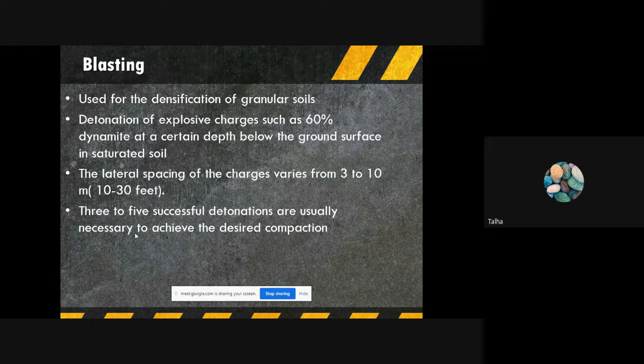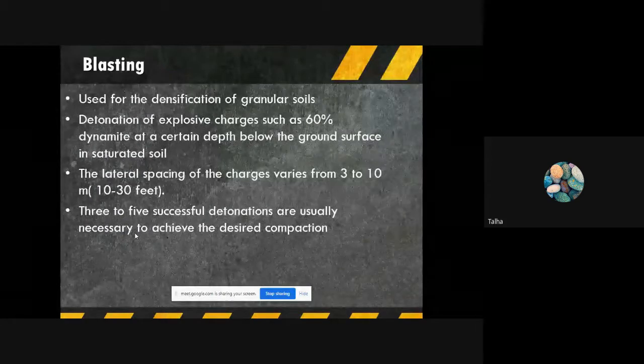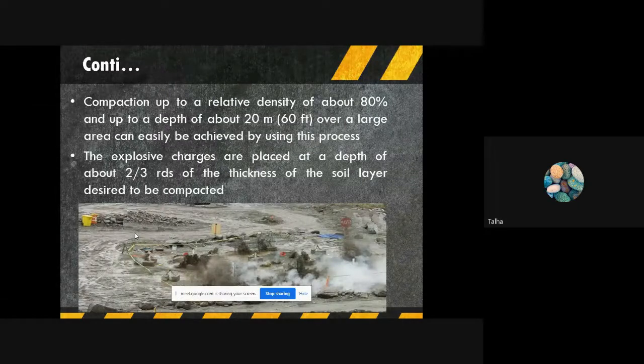3 to 5 successful detonations are usually necessary to achieve the desired compaction. Compaction up to relative density of about 80% and up to a depth of about 20 meters, 60 feet, over a large area can easily be achieved by using this process.